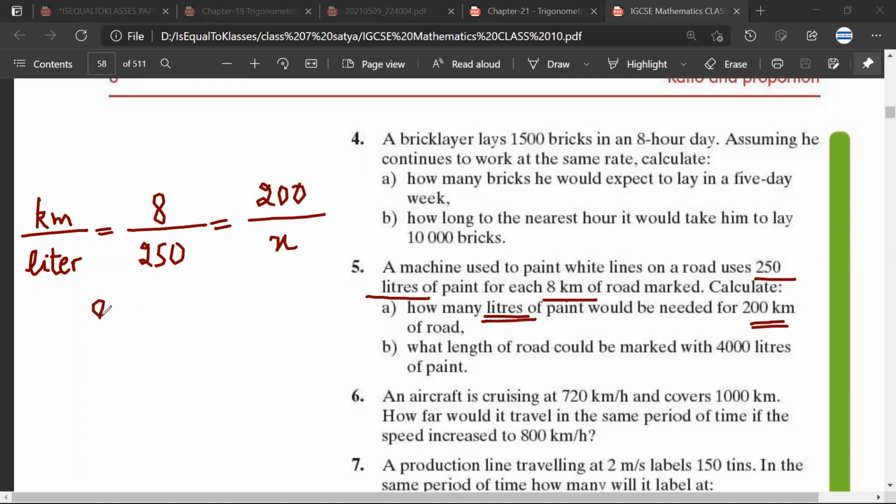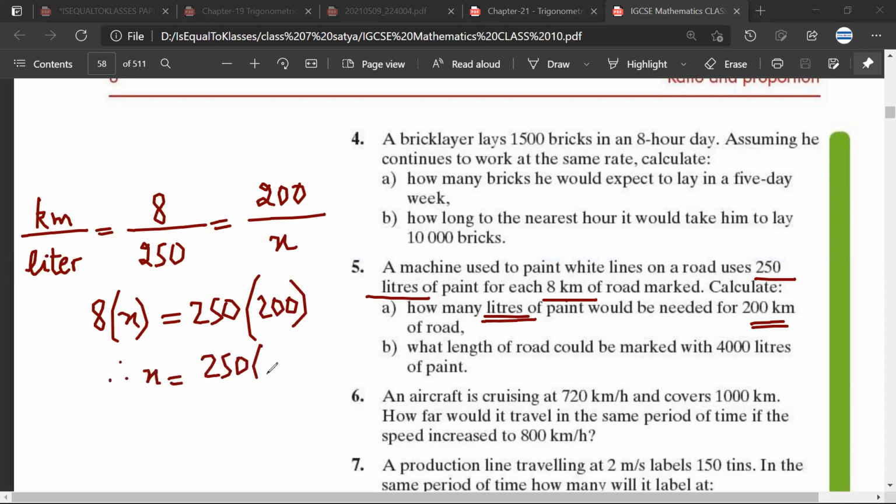Sarthak, have you understood? Yes, sir. Satya, any doubt? No, sir. Then 8 will come to the right hand side. Shabash. Divided by 8.